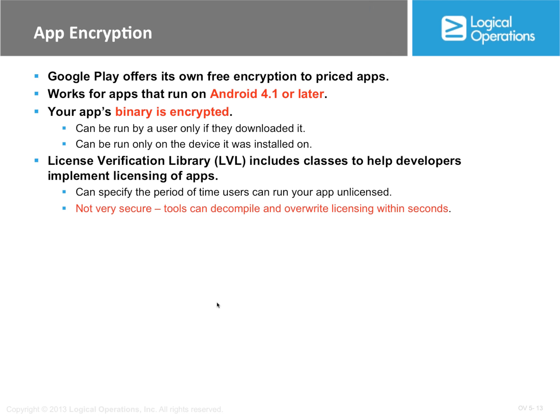But bear in mind and understand the LVL can be reverse engineered, right? So you can decompile and overwrite the licensing itself, so that should not be counted on for overall application security by any means. Okay, so just make sure that you have that clear.